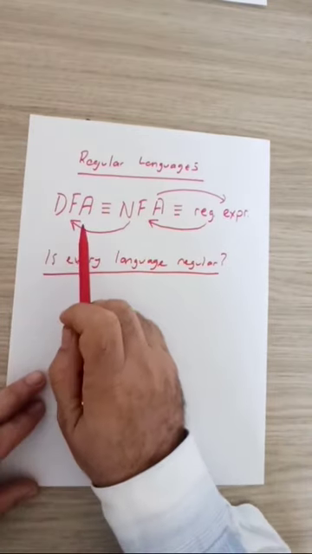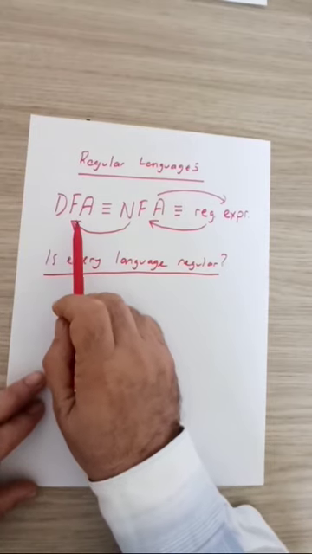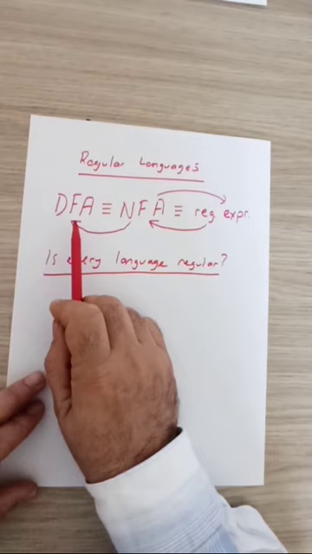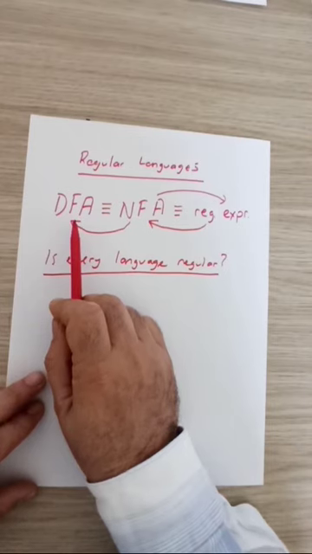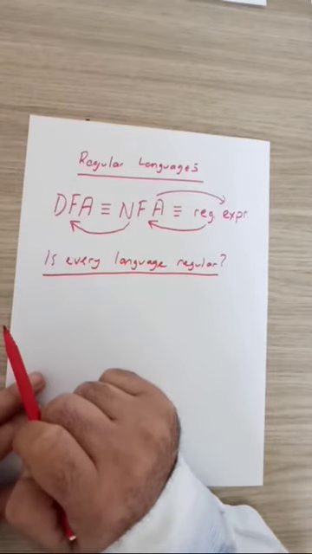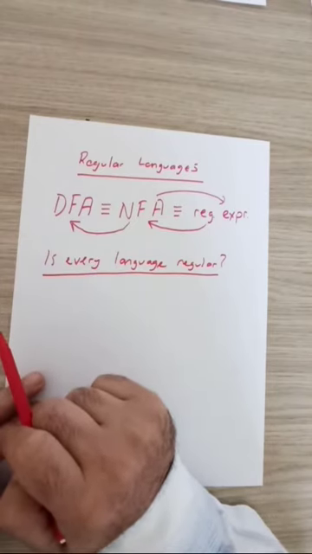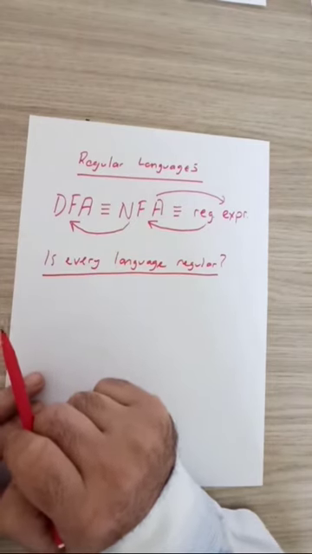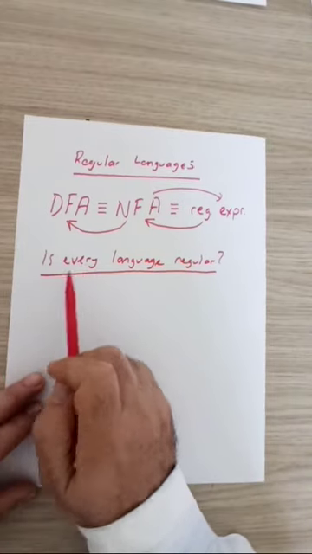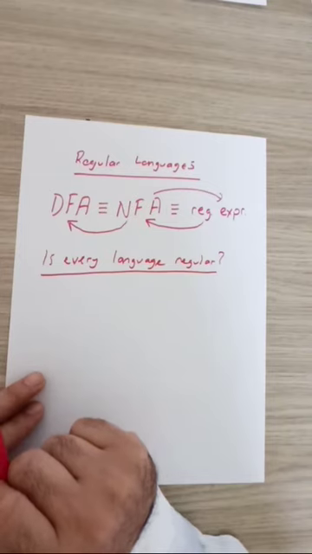Remember that each of these automata models is based on the concept that we have a finite number of states to recognize a given language or to solve a given computational problem. Since the number of states in these models is finite, the capabilities of these automata models should naturally be limited as well. Therefore, our answer to this question will be in the negative: not every language is regular.